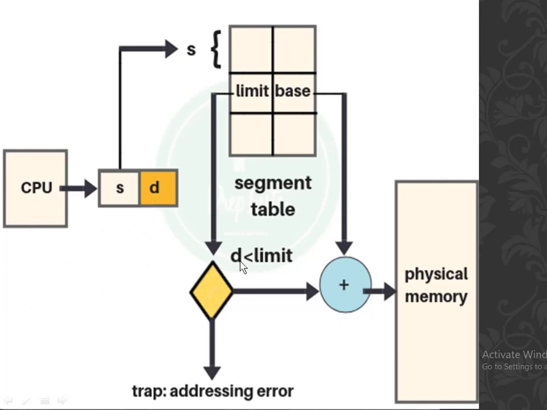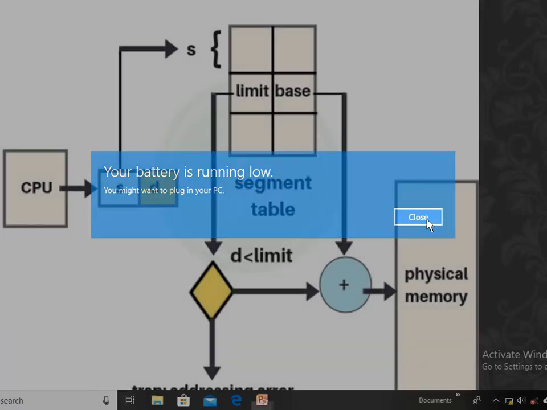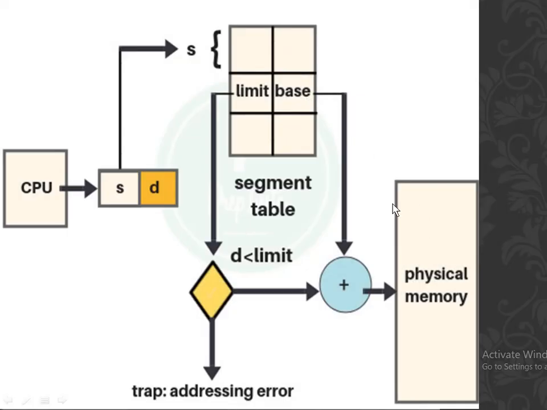If D is less than the limit value, then we add this offset D to the base value, and you will identify the physical memory. If the condition D is less than limit is false, then it is nothing but an addressing error.